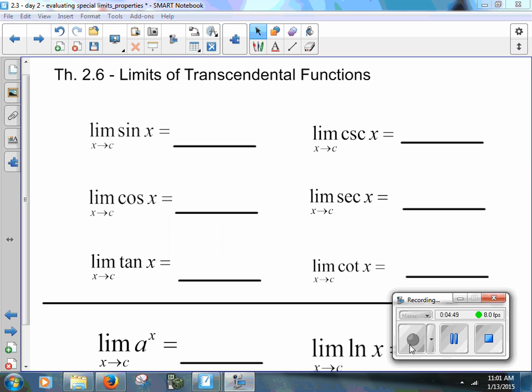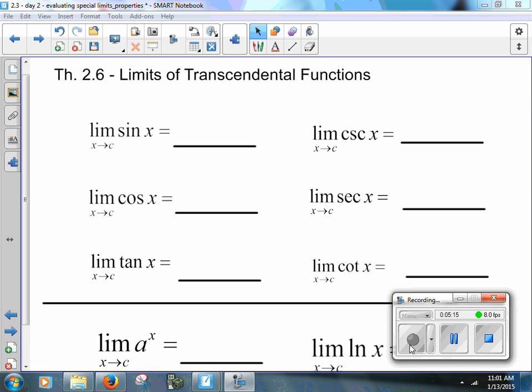It's all right, folks. This is kind of simple. I don't even know that you really should put this in your notes. I hesitate to tell you not to put it there because it's kind of common sense. Look at these. You know whatever the number is, you plug that into x, right?